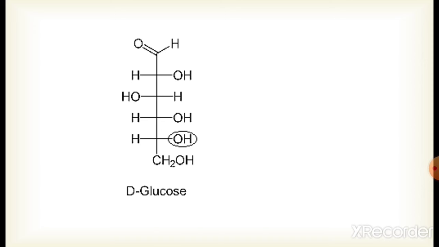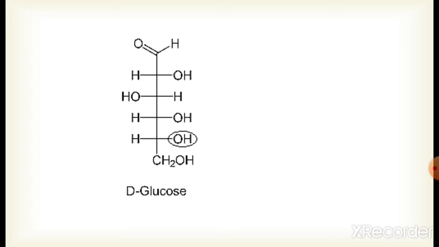Now look at this figure. It is the D-glucose because the hydroxyl group is present on the right side of the carbon skeleton. That's why it is dextrorotatory, and in this structure the hydroxyl group is present on the right side of the carbon atom.